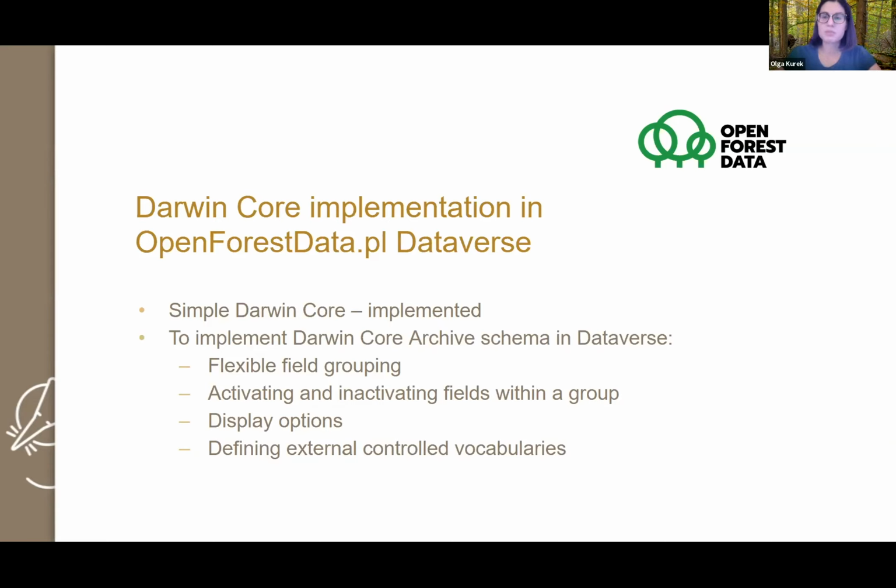And it is not useful to hard code those values for things that are changing, because taxonomy is changing all the time. So it would be useful to have those external controlled vocabularies that allow us to define those flexible terms.